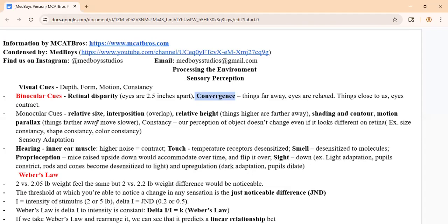So your eyes turn inward when focusing on a close image. The closer the object, the more convergence we have, while the further the object, the less convergence.